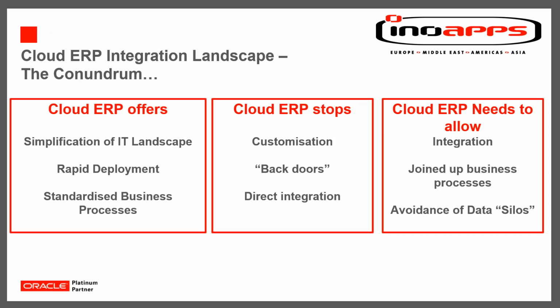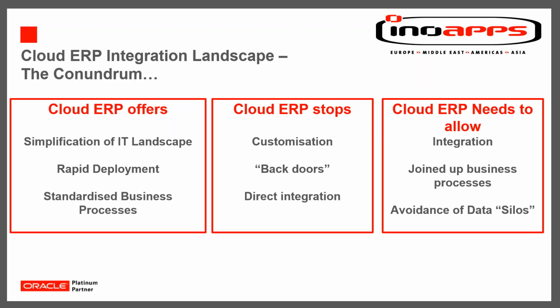For those of you that have a background in traditional Oracle e-business, it was not uncommon for organizations to just go and customize their e-business instance, which allowed them to tailor the solutions to meet their business processes, but then left them with an ongoing legacy of heavily customized and therefore a high cost of ownership and a high cost of upgrade. So that goes away in the cloud ERP world.